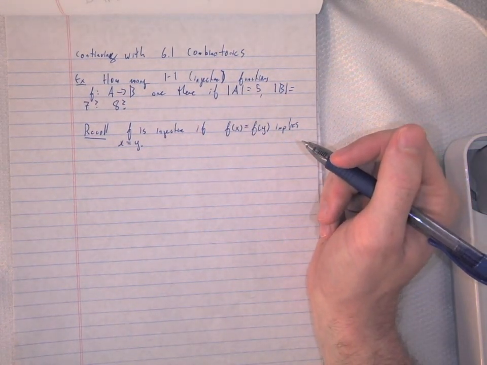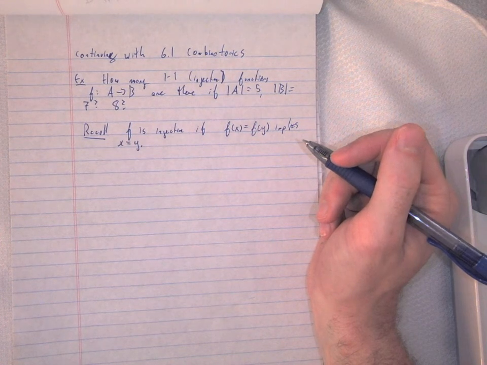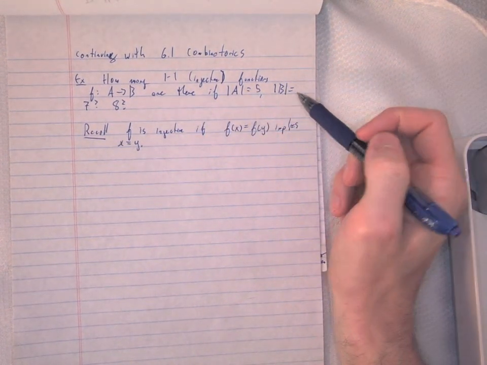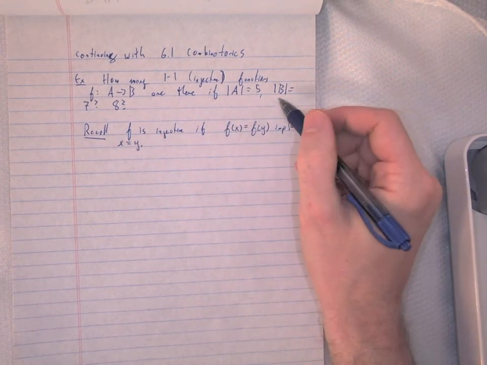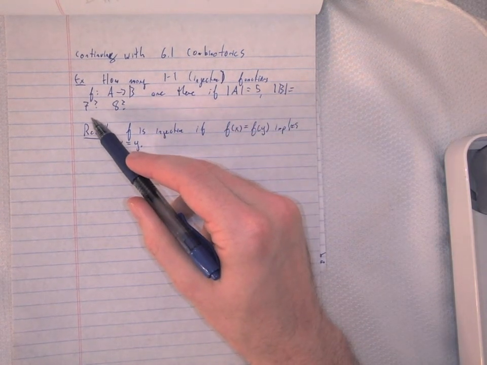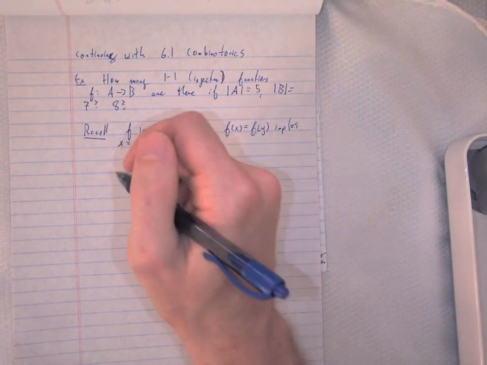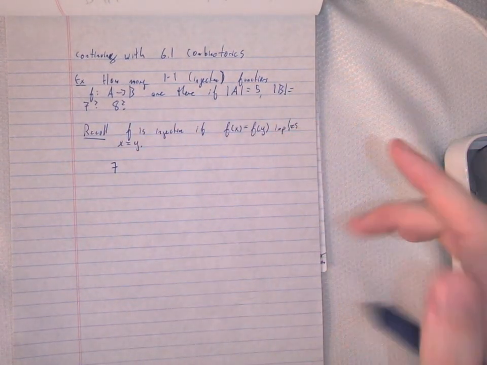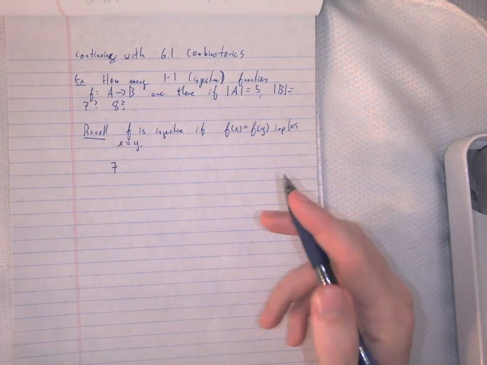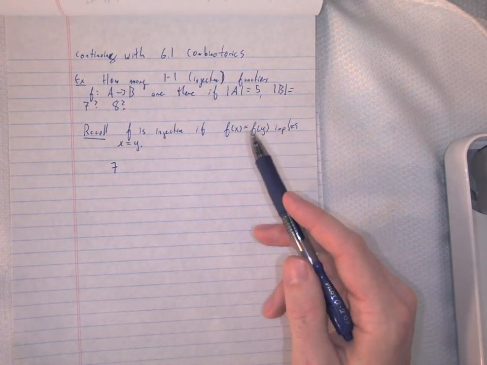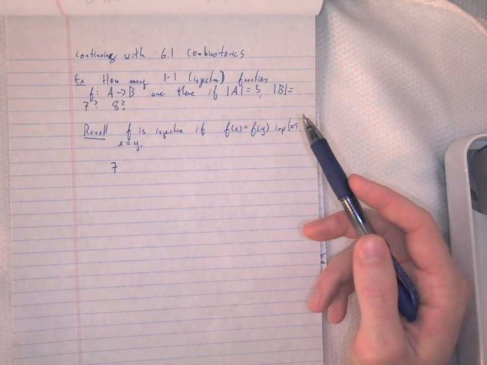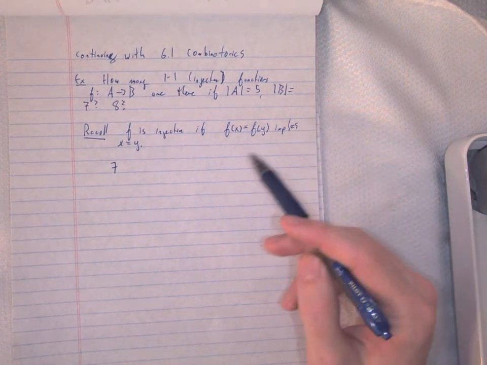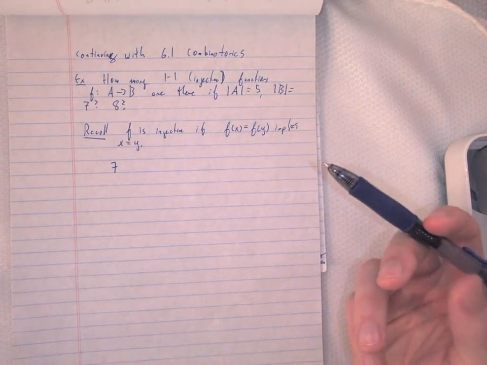And then all we need to do to make an injective function is first send A1 to any element of B. If the cardinality of B is 7, then there are 7 ways to do that, right? So there are 7 ways to send A1 to some Bi. And then, once we've sent A1 to something, how many ways are there to send A2 to something? Well, you're not allowed to pick the same thing that A1 hit, so there are 6 remaining options.